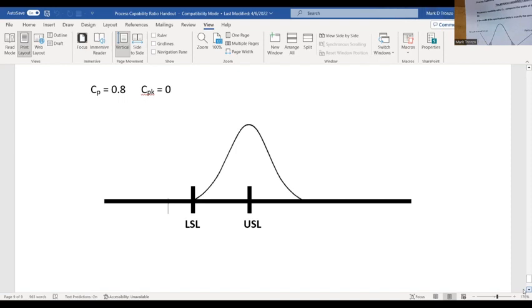Let's start with this one. You can go ahead and start working on this.